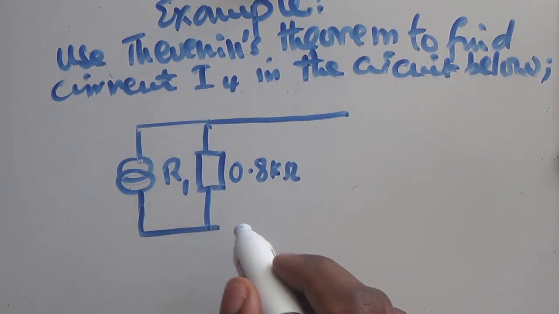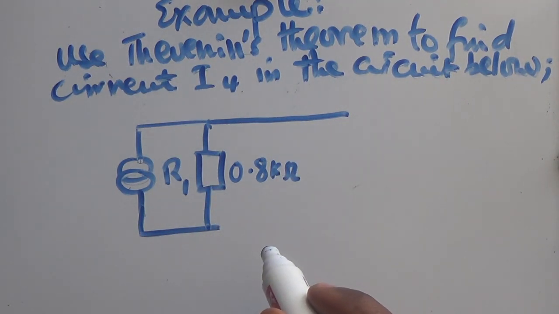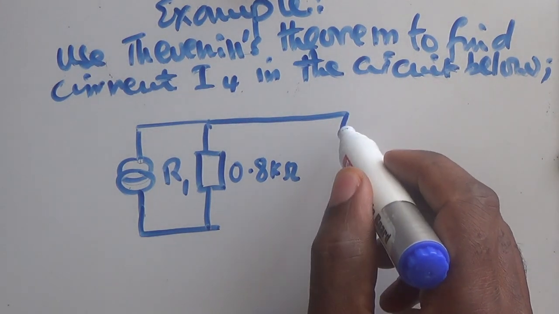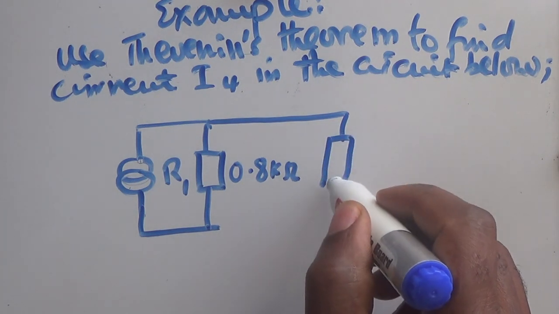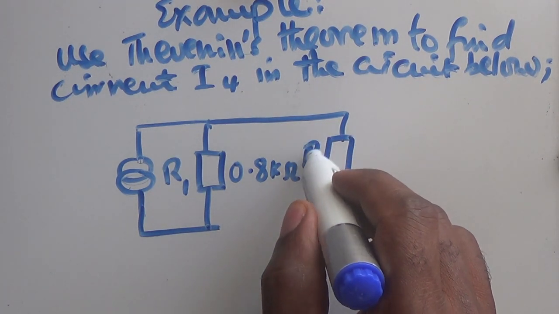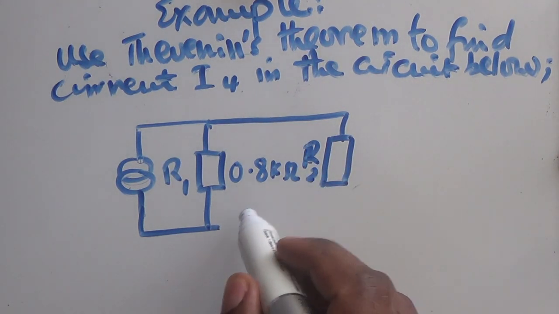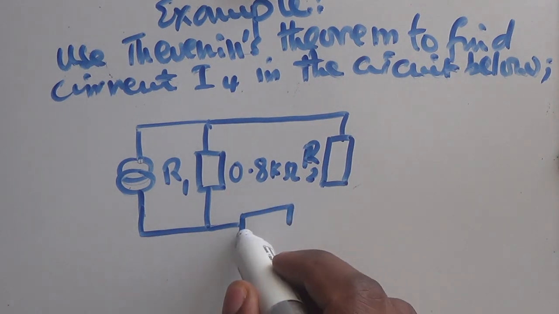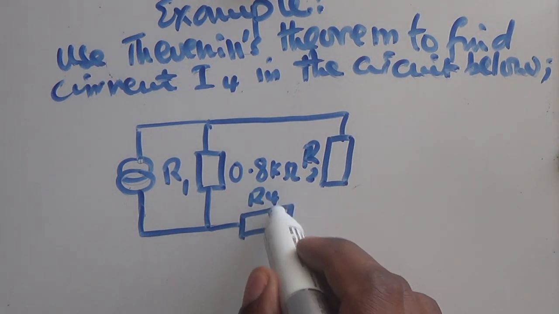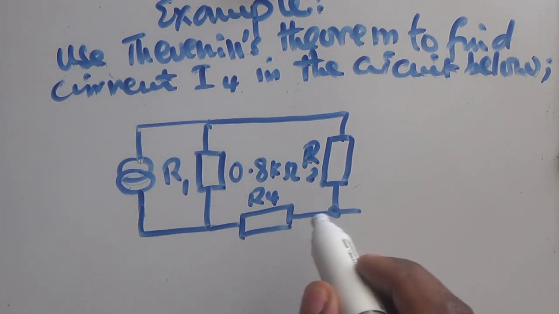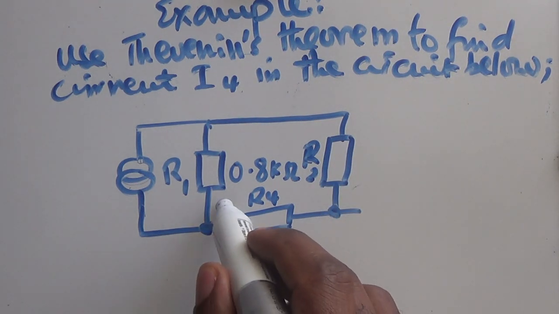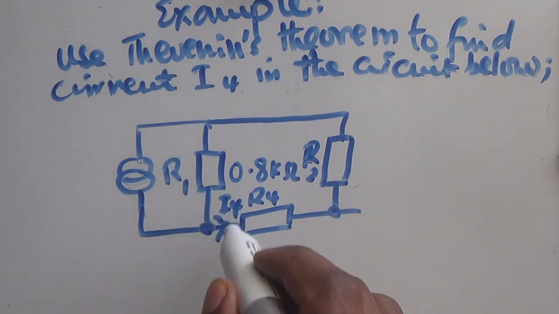And then you have the other resistor R2, and then you have the resistor R4, and we are supposed to find I4 around here.